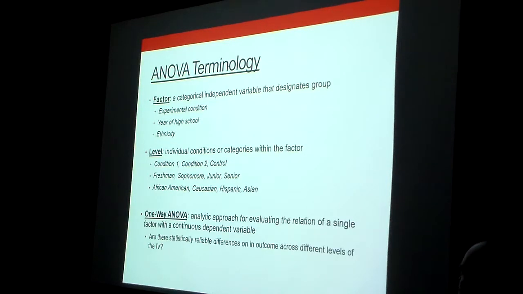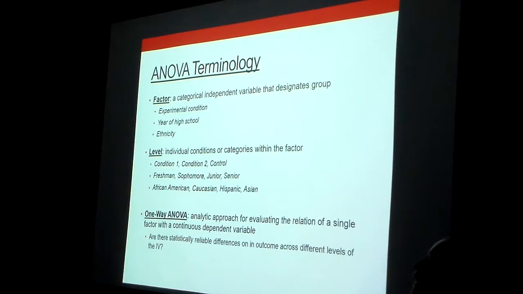With our one-way ANOVA, we're just going to be looking at the relation of a single factor with a continuous dependent variable. And again, we can say, are there mean differences in outcome across condition 1, 2, or 3? Or we can just say, is condition related to outcome? Either one of those things are interchangeable.